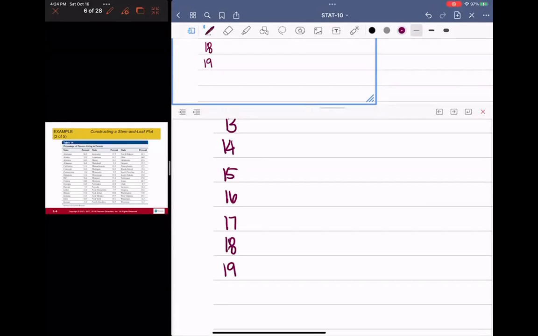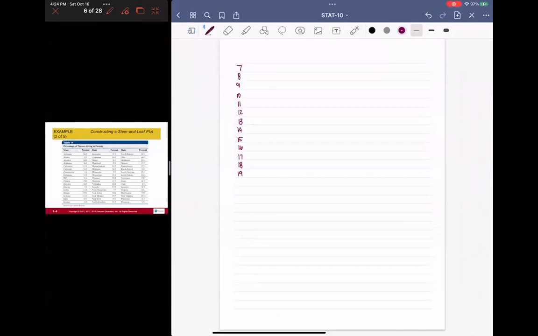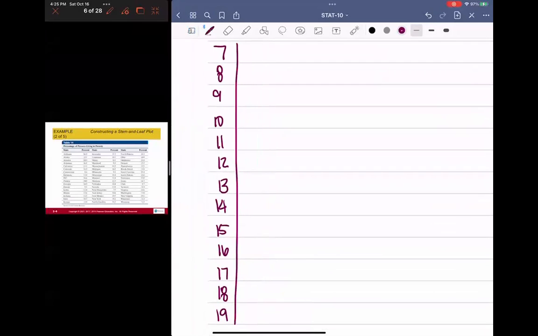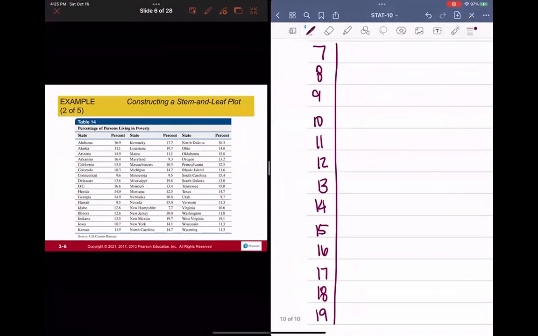Now that we have those values, instead of writing tally marks, we're going to write the value that we have for the decimal place. So going here and looking at these values.